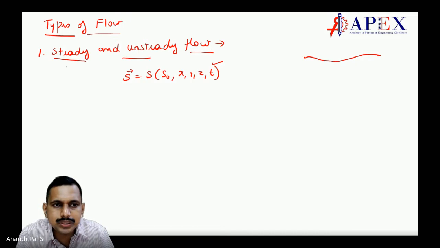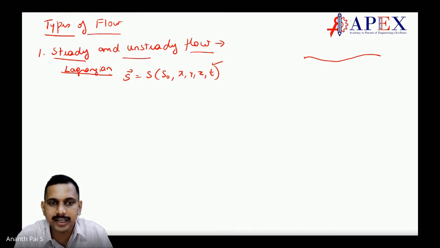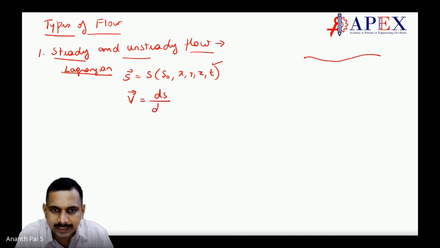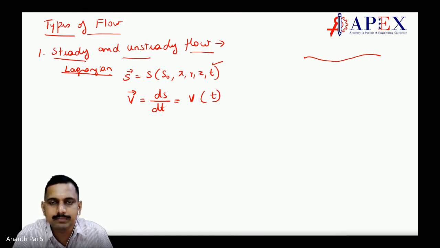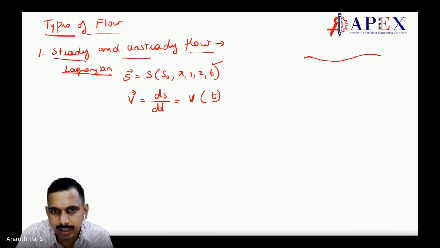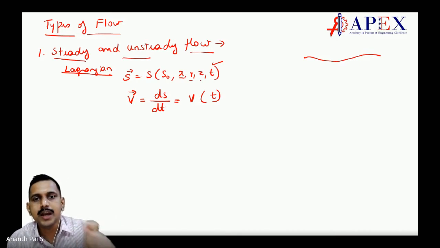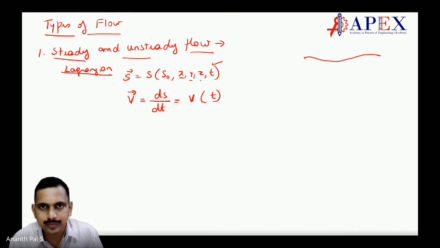So how do you say whether a particular flow in the Lagrangian system is steady or unsteady? You will say that by finding the velocity. What is velocity? ds by dt. If this velocity is still a function of time for a particular position, where the position does not change, you put x is equal to 0, y is equal to 0, and z is equal to 0 or constant.